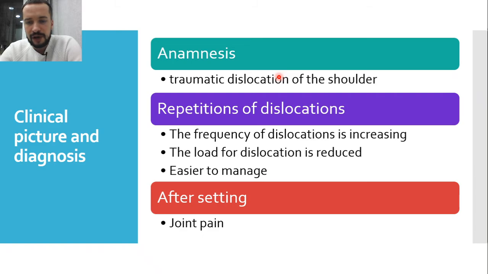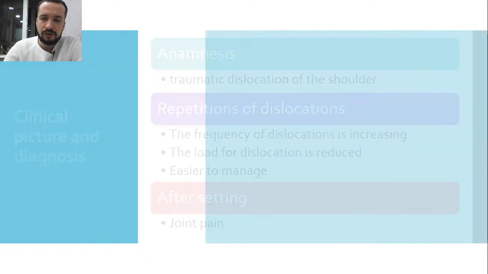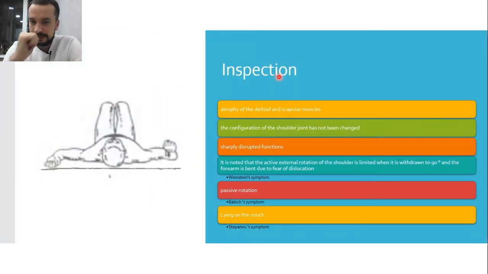independently or with the help of others. After reduction, as a rule, pain in the shoulder joint is noted, which passes within a few hours, sometimes 1-2 days. External examination reveals atrophy of the muscles of the deltoid and scapular regions.